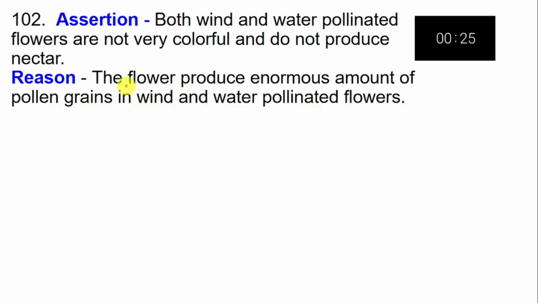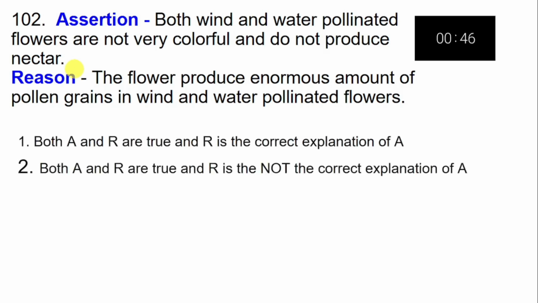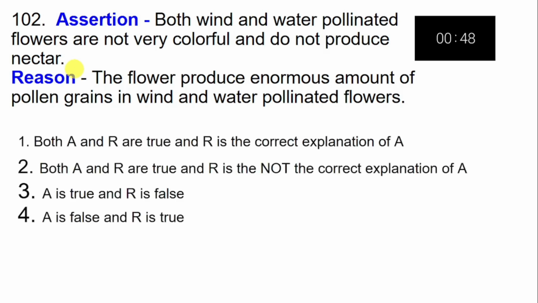So this is a correct statement, but this is definitely not the explanation of A, because the right reason would have been that both wind and water are abiotic factors, so they don't need any attraction or any kind of nectar reward. So both are correct, but it is not the correct explanation. Option 2.